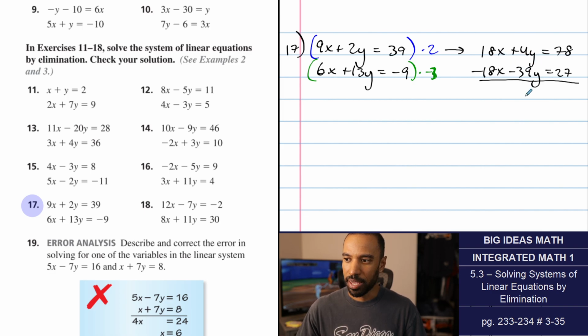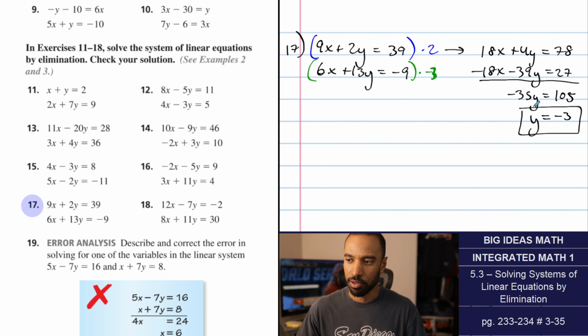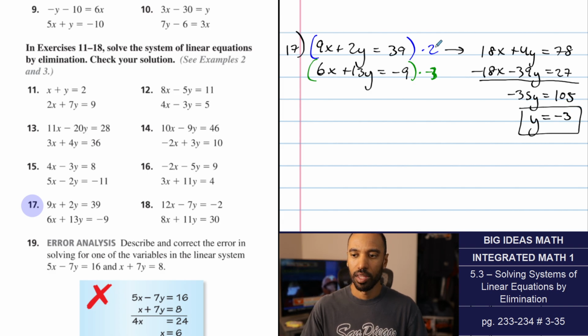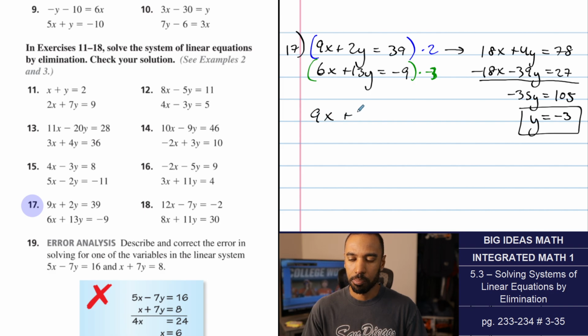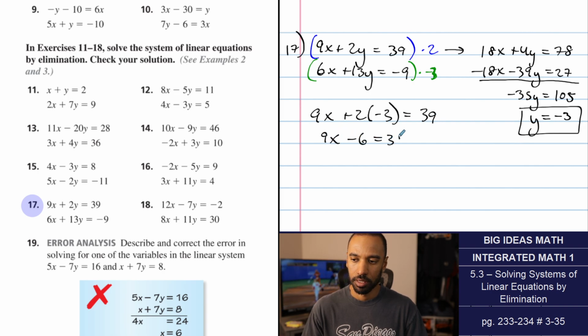Never said the numbers won't be big. Negative 35y equals positive 105. Those do divide. That's a y value of negative 3 when you divide by negative 35. Let's solve for x. Let's use the top equation here. 9x plus 2 times negative 3. Add 6, divide by 9.